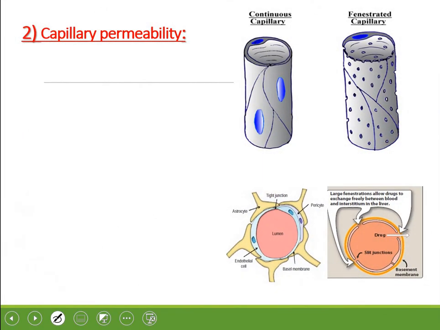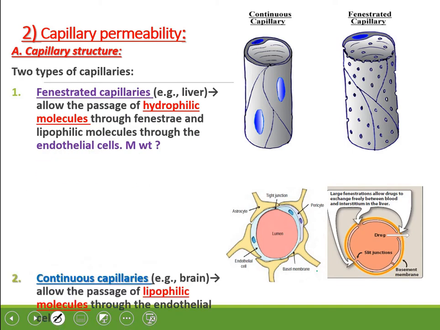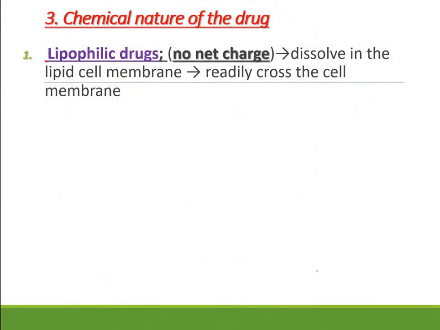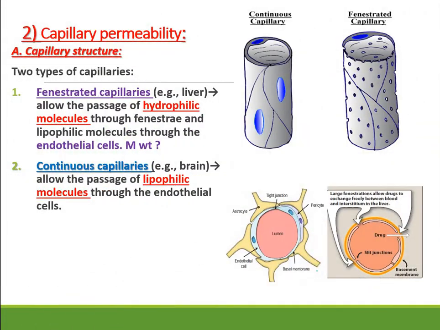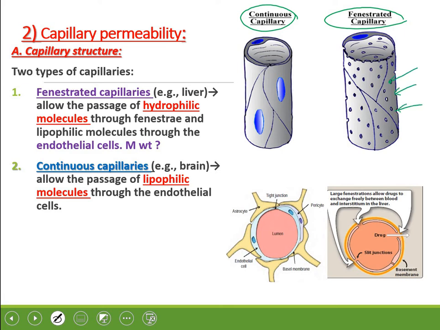So blood flow to the organ is very important, but blood flow is not so simple, dear students. There are some cases where the capillaries are continuous, or the capillaries may be fenestrated. Fenestrated means they have fine channels, pores, through which the drug can easily pass.